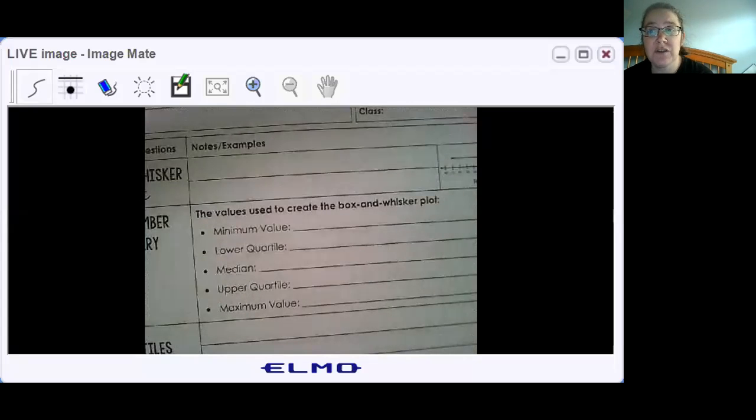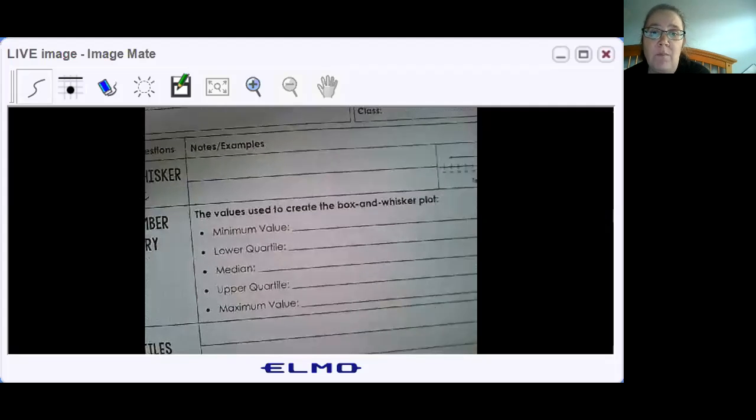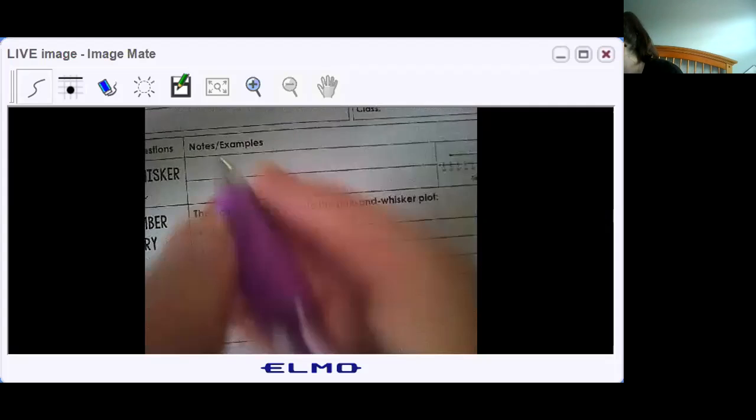So we're going to talk about box and whisker plots. And before we can really talk about them, we have to know what they are. A box and whisker plot is a way to display data on a number line by organizing it into 4 sections.